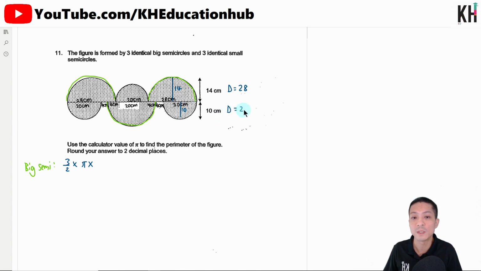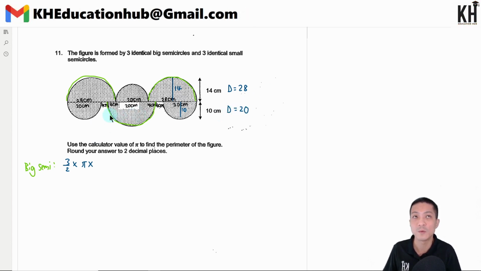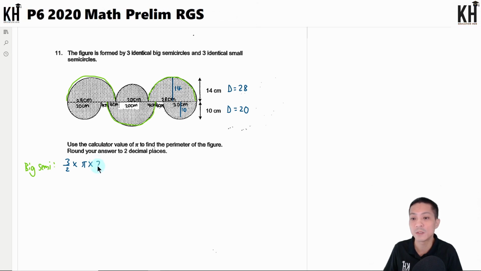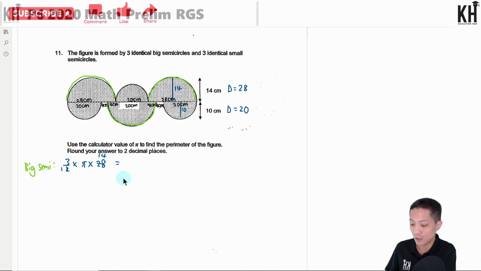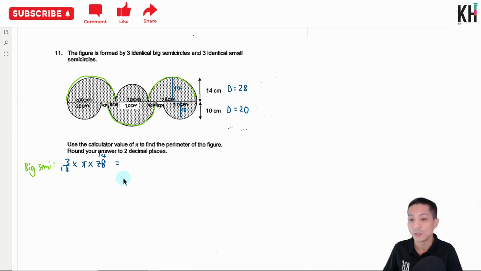So the diameter will be 20. We're dealing with perimeter, so it's pi times d or 2 pi r. Pi times the diameter, which is 28. Same thing, you can do your reducing. Cancel 1, cancel 14, and then straight away you can do 14 times 3. I'm going to leave it in pi form first so that it'll be easier for me.